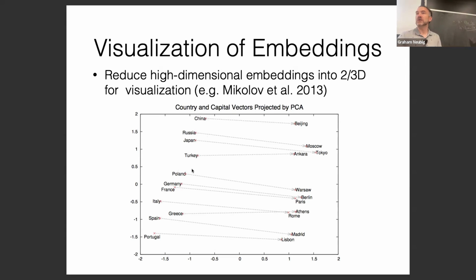One way you can do this is through kind of linear rank reduction through something like principal component analysis. And this is an example of principal component analysis of word embeddings from a really long time ago by Mikolov. And basically what you can see is after you do this decomposition, you find interesting linear relationships between embeddings.